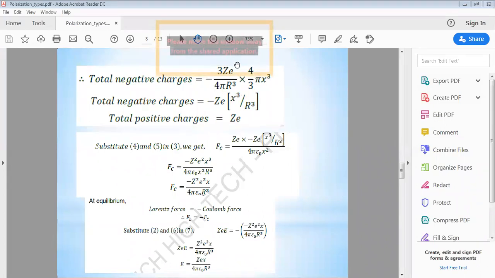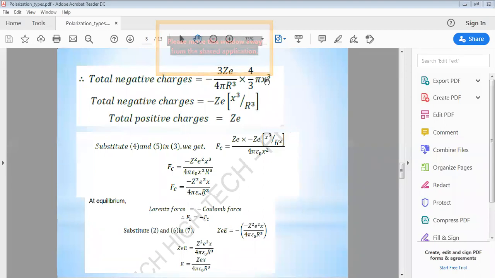Okay, so this is the charge density which we calculated before applying the electric field. This is minus 3 Ze by 4 pi r cube. This is the volume, 4 by 3 pi x cube. So this you should remember.